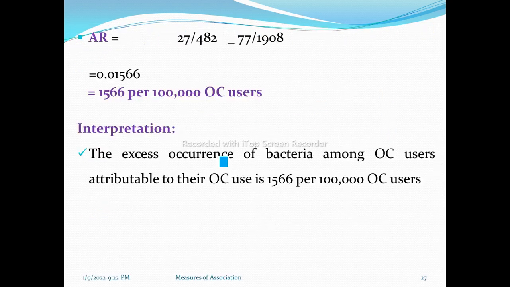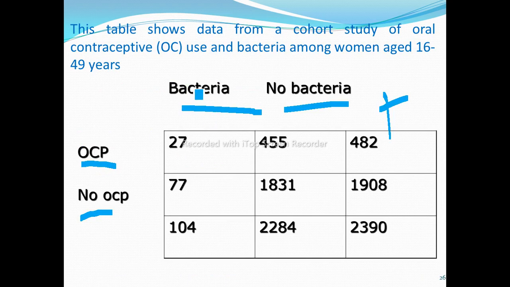The incidence of bacteria in the exposed group is 27 over 482. This is the incidence in the exposed group, 27 over 482.